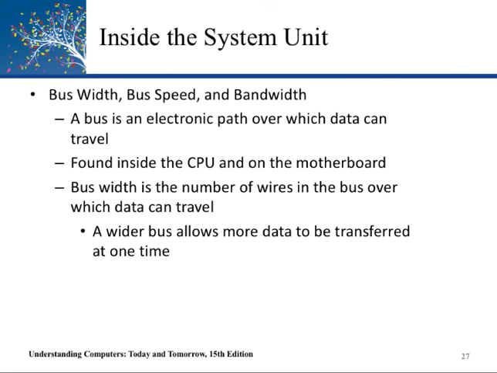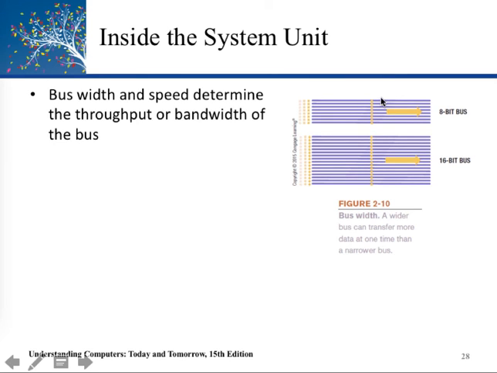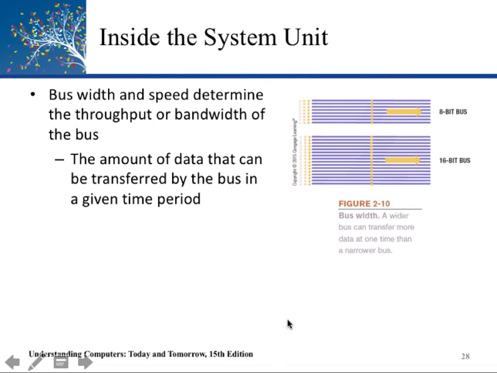The wider the bus, the more lanes, the better. We can see here illustrated that each lane would be a 1 and 0 lane. So an 8-lane highway is going to be half the speed, probably a whole lot less than that, than a 16-lane highway. So the more bits you have in your bus, the faster your computer is going to be. And this is the amount that's transferred by it.